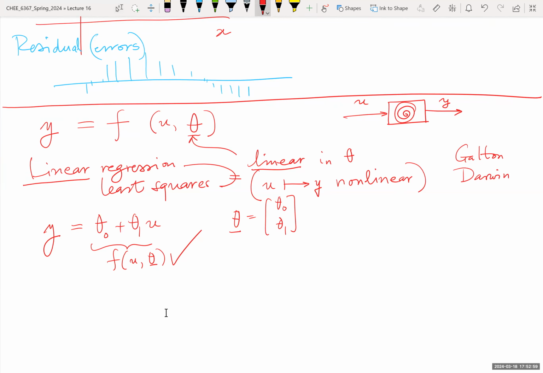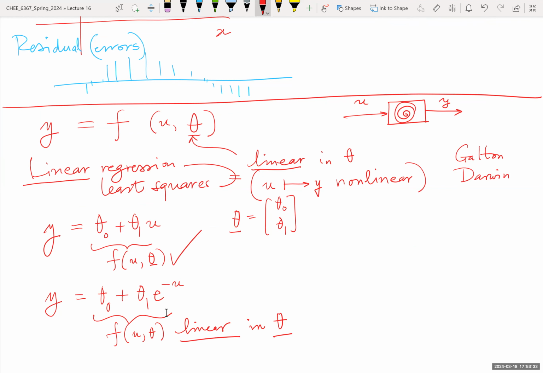Let's see another example. y is equal to theta 0 plus theta 1 e to the minus u. Is this a linear regression problem? Well, let's see. The parameters appear linearly. f of u and theta is linear in theta, right? It's theta 0 times 1 plus theta 1 times something.